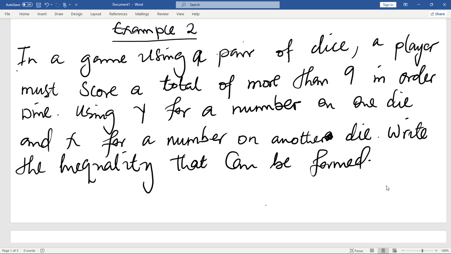Okay, so in a game using a pair of dice, a player must score a total of more than 9 in order to win a game.